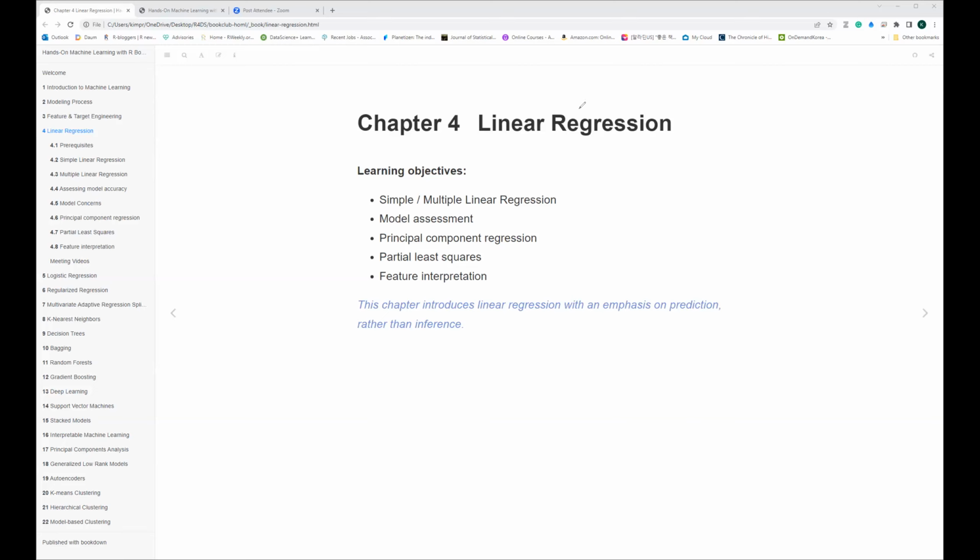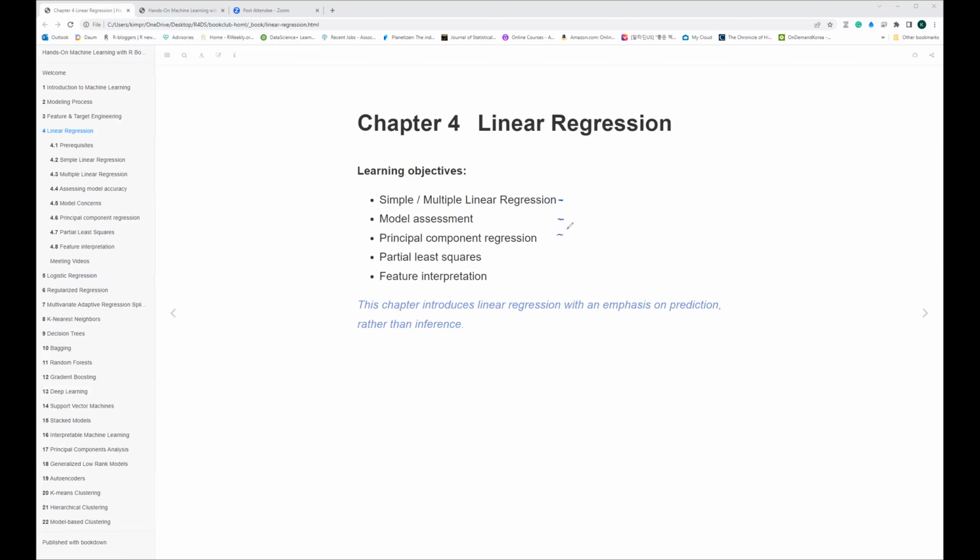The simplest thing for machine learning is the linear regression. So in chapter 4, this book deals with how we can conduct linear regression for machine learning purposes. The learning objectives are to study simple and multiple linear regressions, how we can do the model assessment, and then principal component regression.